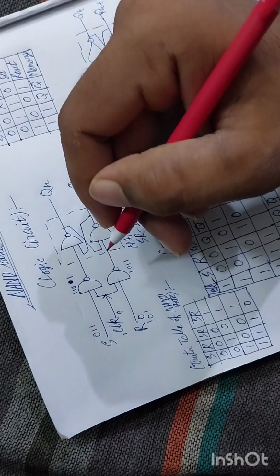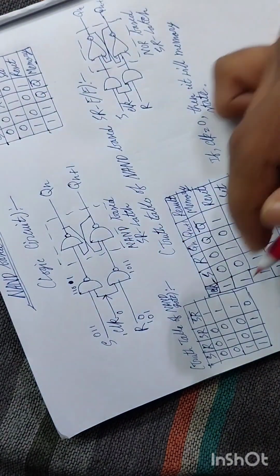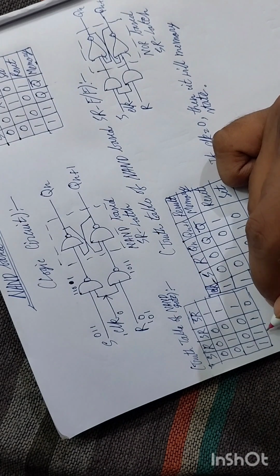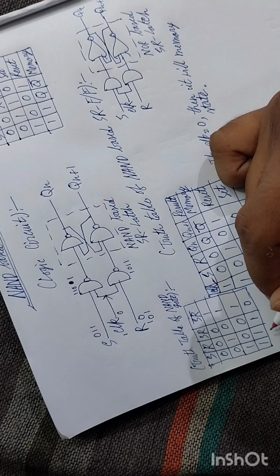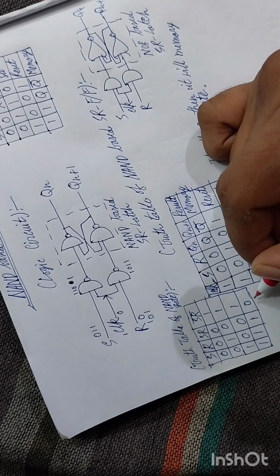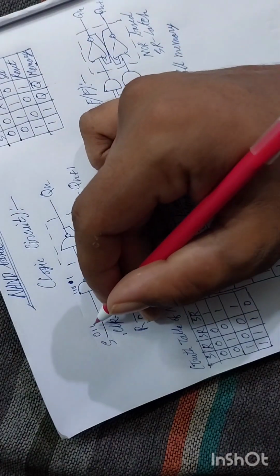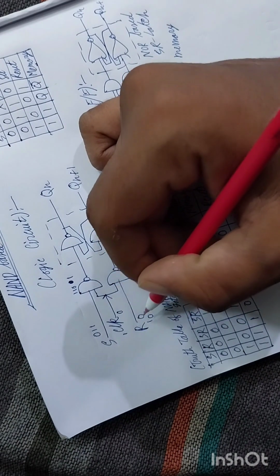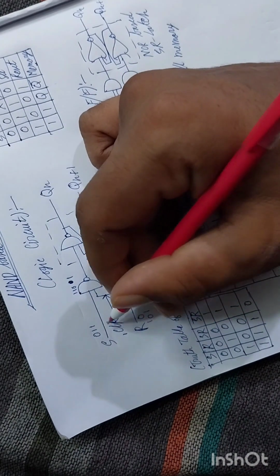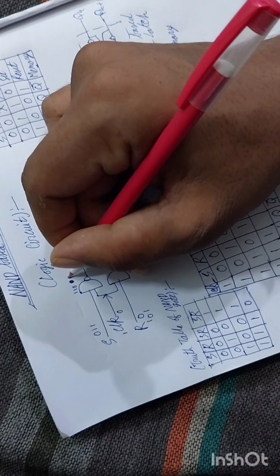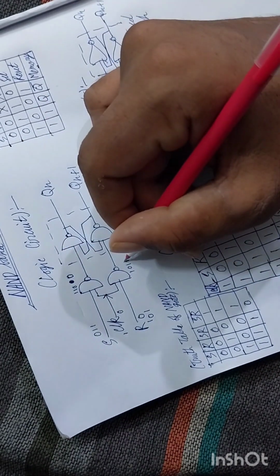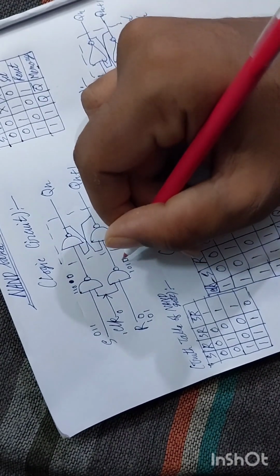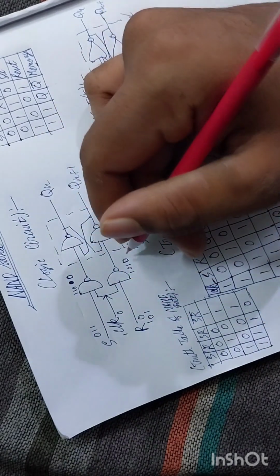So from the truth table we can see that if both the values of a NAND gate are 1, then the output is coming as 0. So for 1 1 the clock is 1, and here in both the cases the clock is 1. So for 1 1 it will be 0, and for 1 1 again it will also be 0.